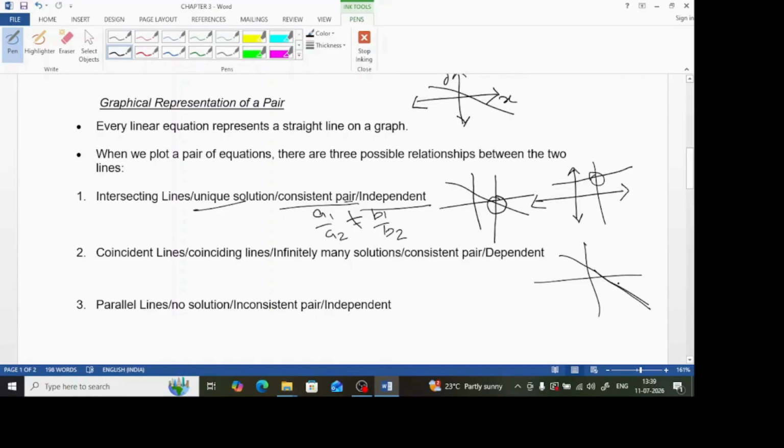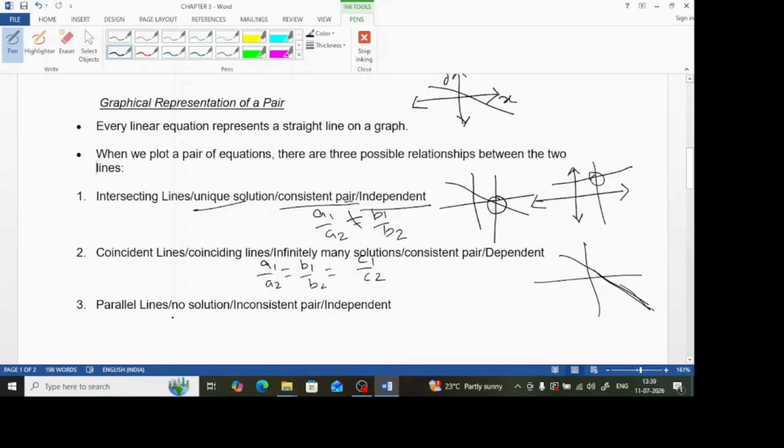Both lines will overlap each other. So this is known as coincident lines, infinitely many solutions, consistent pair and dependent. In that case, a1 upon a2 is equal to b1 upon b2 is equal to c1 upon c2.